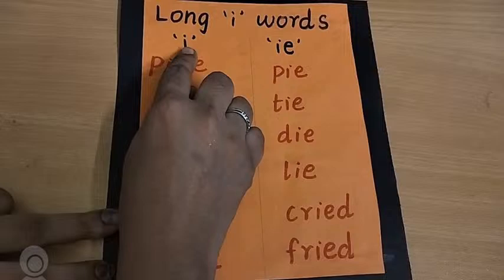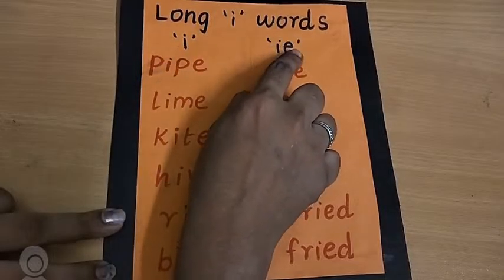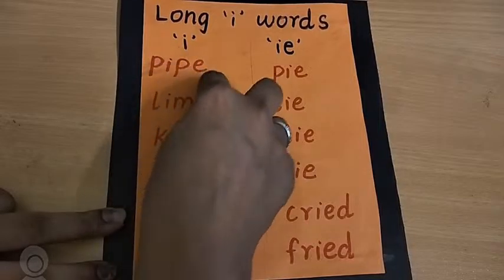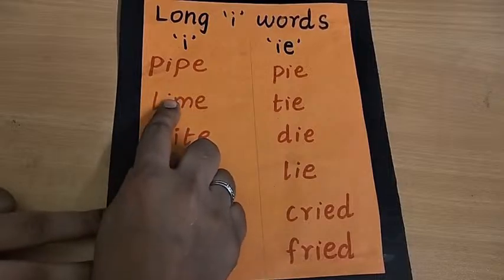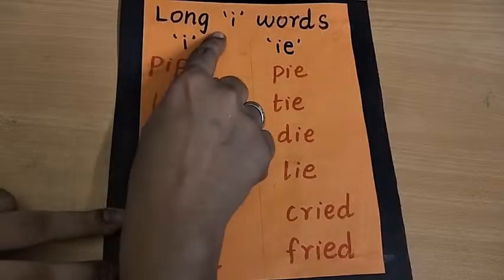That is I consonant E, which comes together, where you have the E at the end. So the vowel inside should say its actual sound in a longer pitch. Okay, these are long I words.